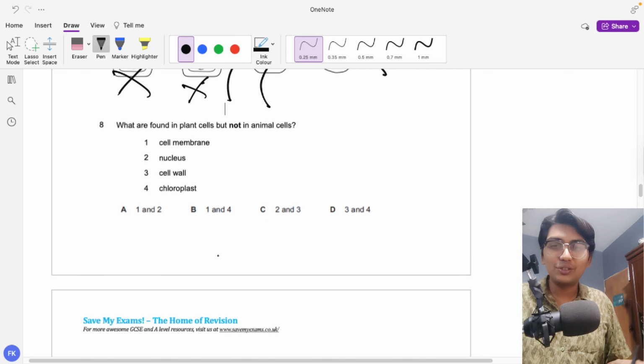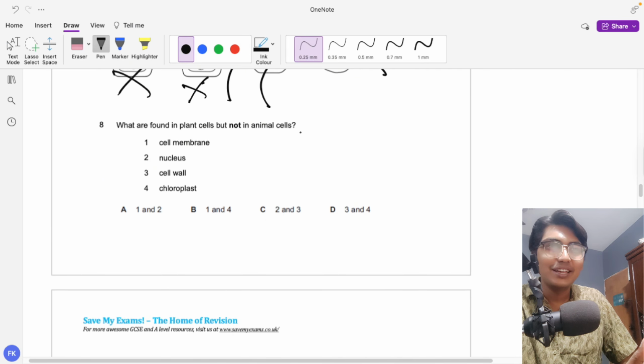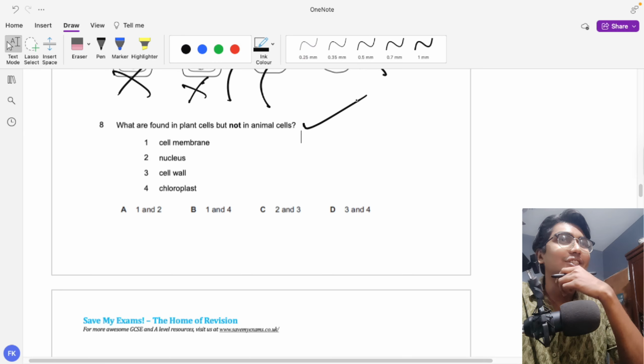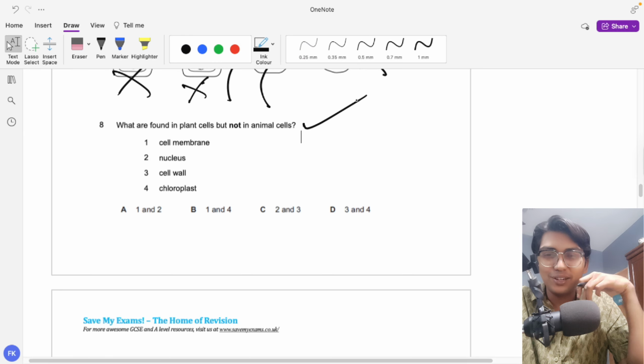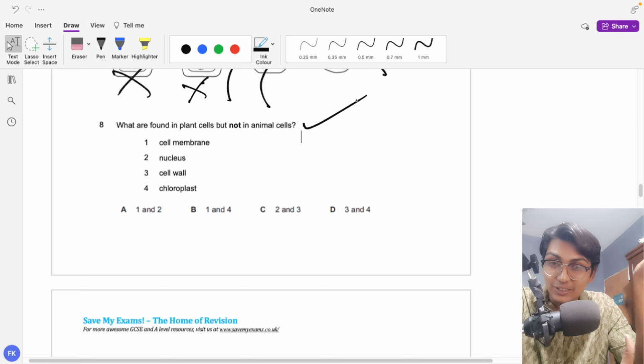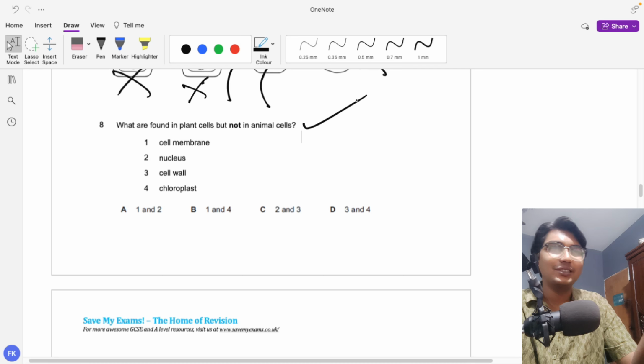Now let's move on to the next question. What is found in plant cell but not in animal cell? This is a very good question. I think we solved a similar one previously, right? What are the opposite ones?